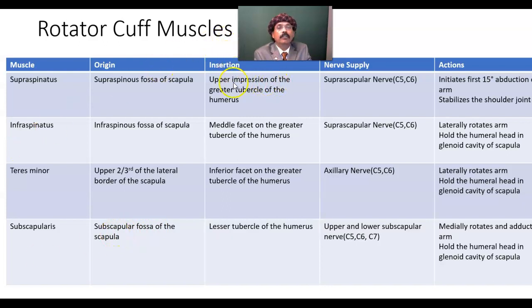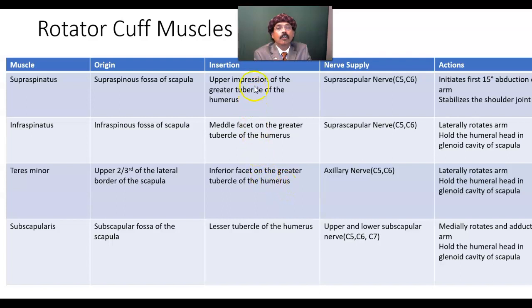Insertion: they are inserted into the greater tubercle. The upper impression is for supraspinatus, the middle impression for the infraspinatus. Teres minor inserts to the inferior facet of the greater tubercle of the humerus.